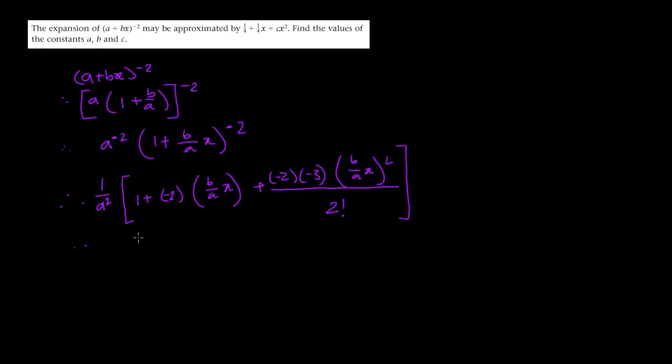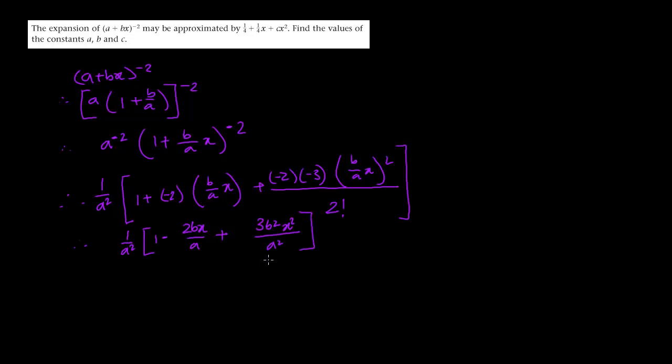Therefore, we get 1/a² (1 - 2bx/a + 3b²x²/a²).